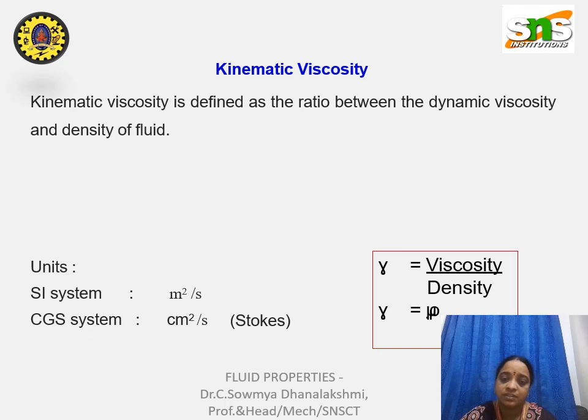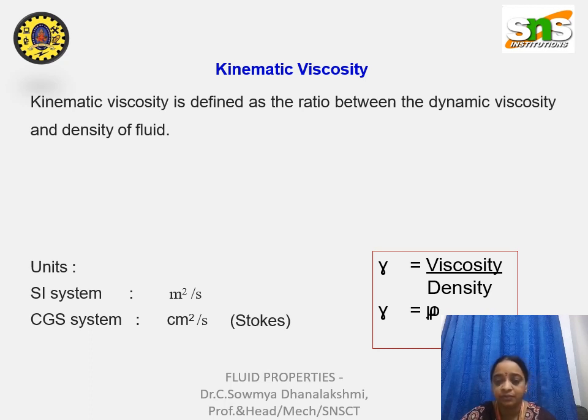The next viscosity is kinematic viscosity. During problem solving, if it is simply given as viscosity, it is known as dynamic viscosity. Kinematic viscosity will be represented as kinematic viscosity itself. Kinematic viscosity is defined as the ratio between dynamic viscosity and the density of the fluid, that is mu by rho.